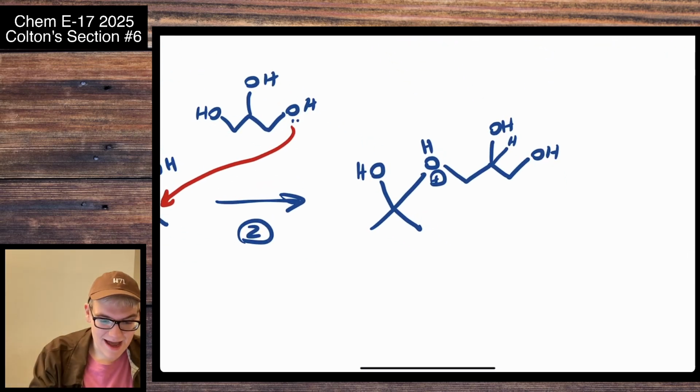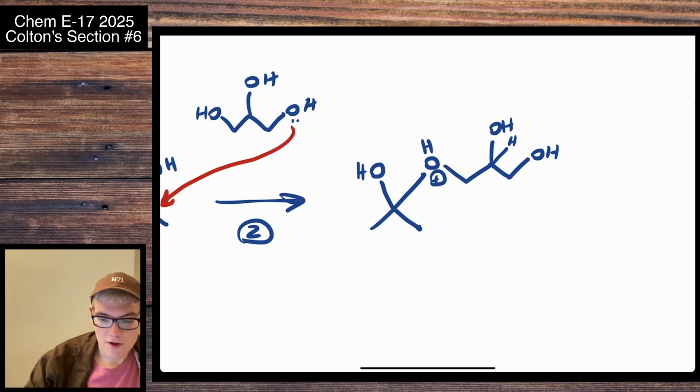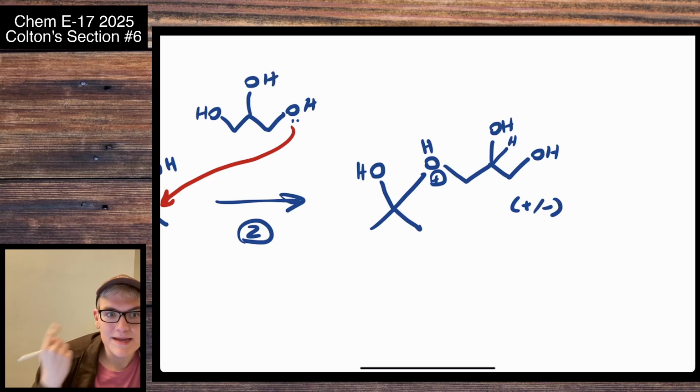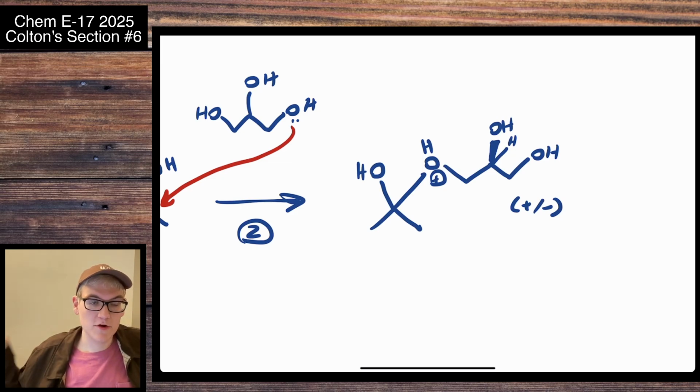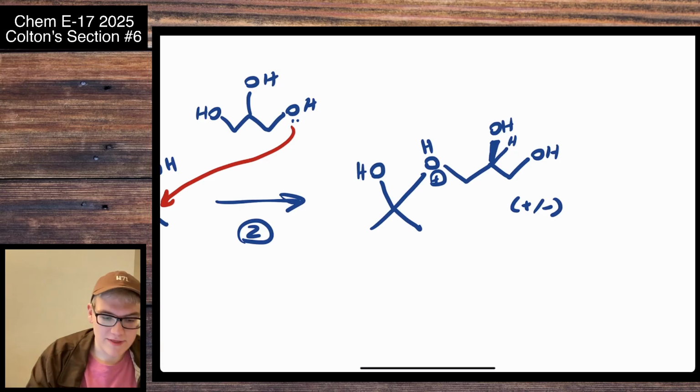So in this step, because it could be either side that goes and attacks, we are going to get a mixture of stereoisomers. This is our first step where we get our plus minus. And because we have a stereocenter, we want to just pick arbitrarily one of the stereocenter versions to draw. We can pick either the R version or the S version, the OH being on a wedge or it being on a dash.